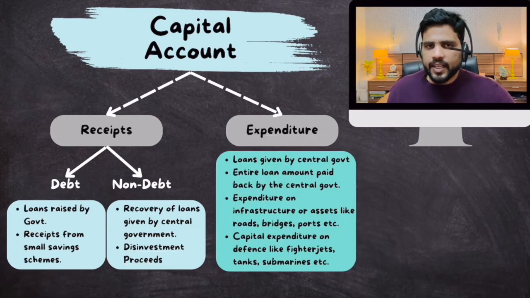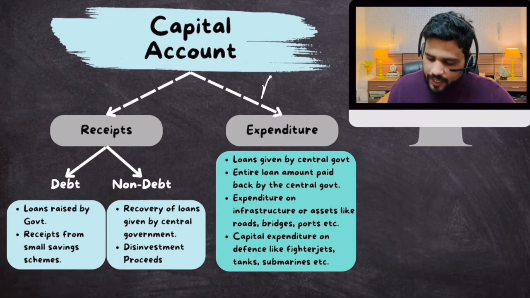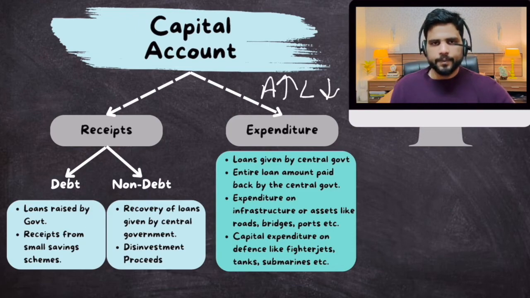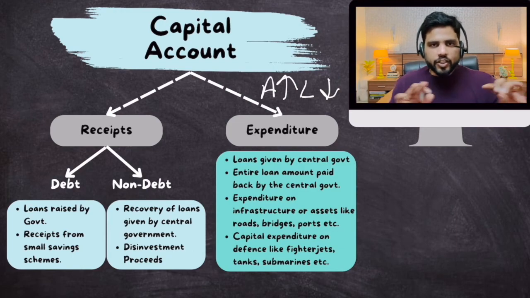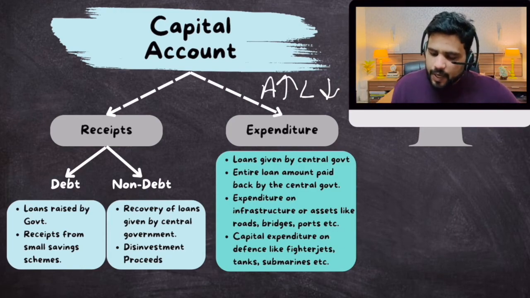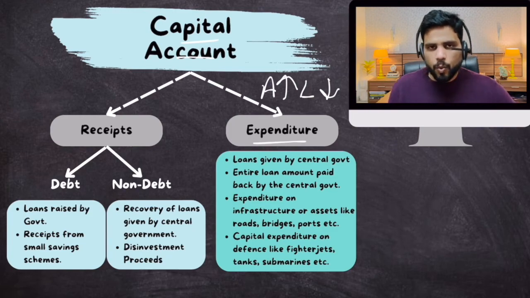I told you capital expenditure is that expenditure which either increases your assets or reduces your liability. Remember, any change in asset or liability is capital account transaction. So capital expenditure is the one in which either your assets are increased or your liability gets reduced.